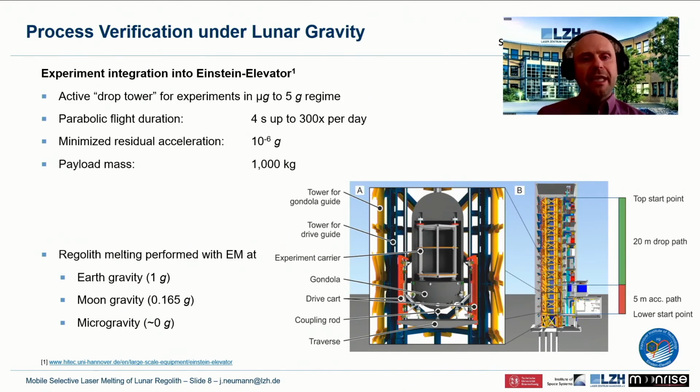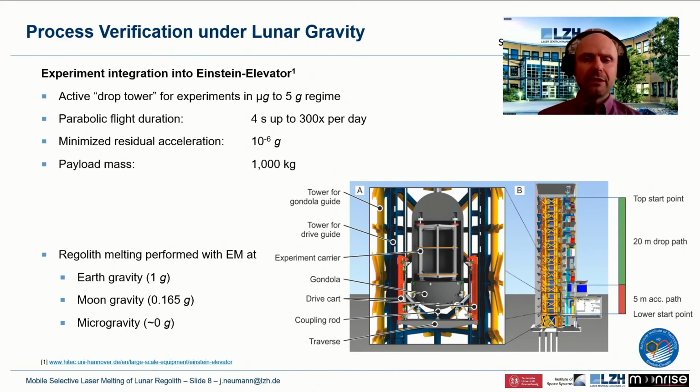So with this engineering model, which is quite rugged, we went to the so-called Einstein Elevator here in Hannover. This is an active drop tower where you can make experiments under varying gravitation. You can adjust the gravitation between microgravity and 5G.